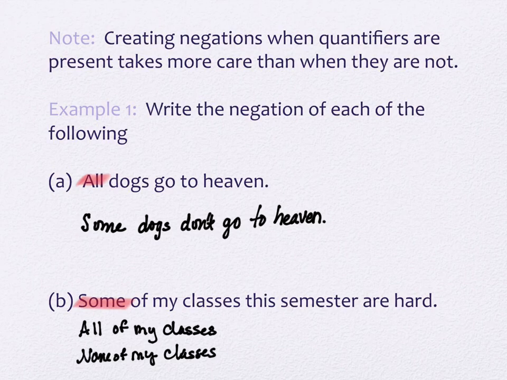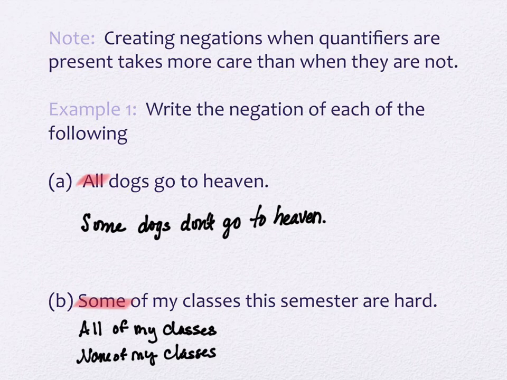But they will affect how we write the rest of the statement. If I've changed it into all of my classes, I turned some into all, it made it a stronger statement, right? It didn't change it to be the opposite of. If I change it from some into none, that's opposite, right? I've actually changed it to be like the opposite phrasing of the language. So if we do the all of my classes, I still need to make it the opposite sounding statement.